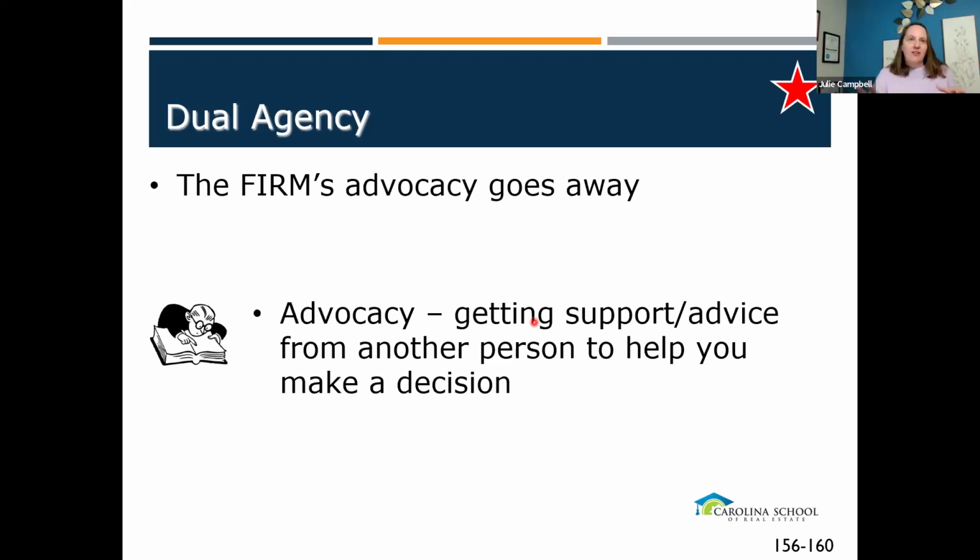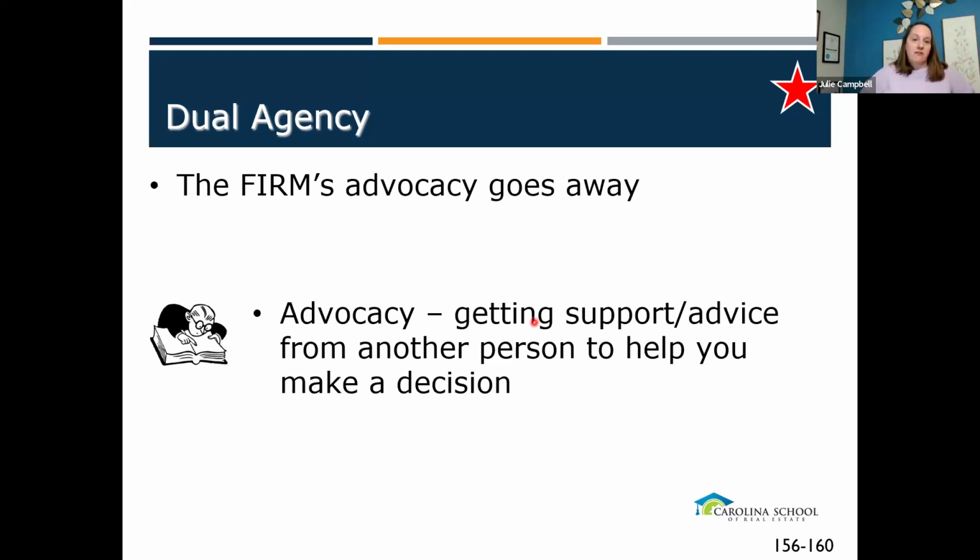So when the buyer client looks at you and says, should I offer less than asking price? If we were in a co-broke transaction, the buyer's agent would say, absolutely offer less than asking price. But now that we're in dual agency, if I say yes, under asking, you've harmed my seller. If I say no, you've harmed my buyer. Dual agency is about the firm treating the firm's clients the same.